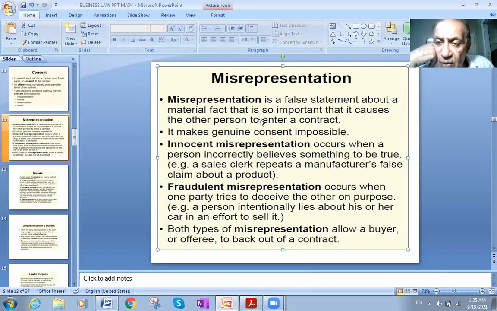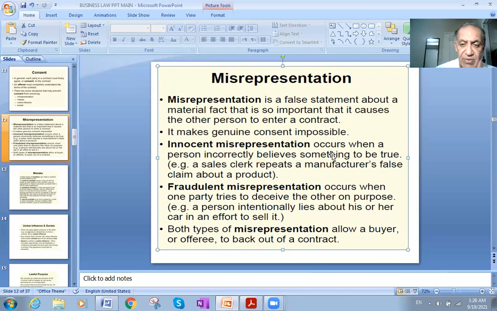So there is a problem with the condition of the term itself. Even if consent is written here, I didn't understand the sentence very well. There are mistakes. There is misrepresentation.